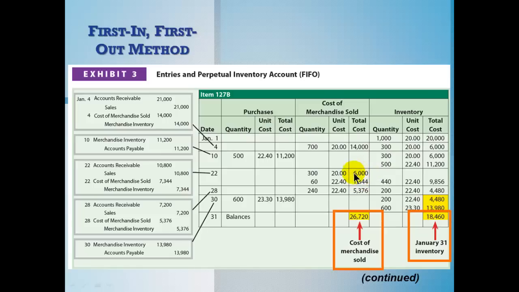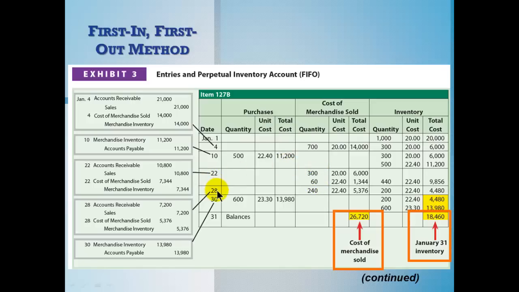And so then the sum of these 2 numbers represents my cost of sale. Okay, there's your cost of sale, $7,344. Again, it's these 2 products, and you add these 2 numbers together, and that's your cost of sale. The 10,800 is simply the 360 units times the $30 selling price per unit.